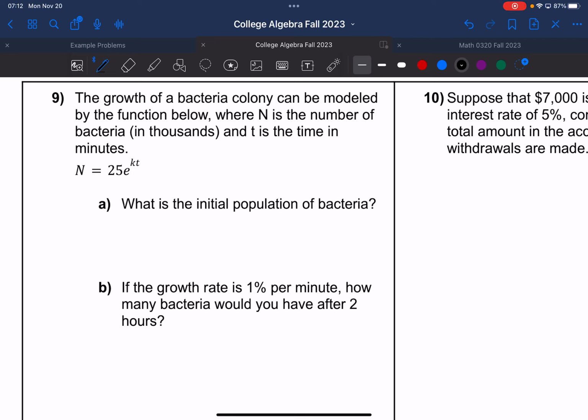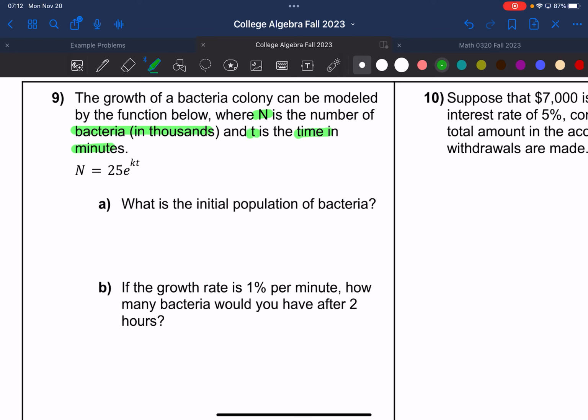Another example where we can see this application is in population. One of the more popular applications is always the growth or decay of bacteria. It says the growth of a bacteria colony can be modeled by the function below, where n is the number of bacteria in thousands, and t is time in minutes.